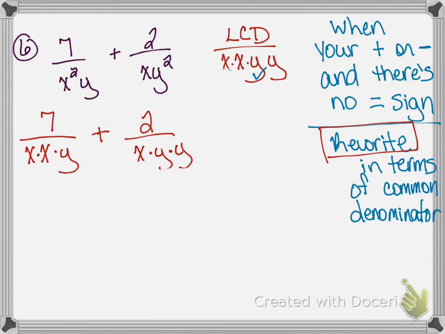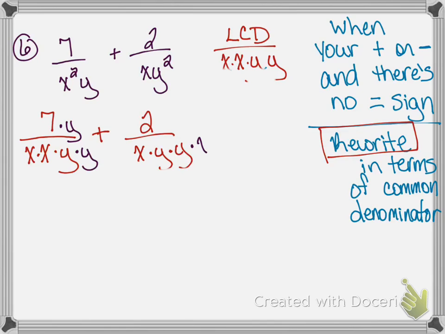So in my common denominator, I've got x times x and y times y. In my first denominator, what am I missing? Y. Good. So if I'm missing it, I have to multiply the top and the bottom by it. What am I missing in my second fraction? X. Good.